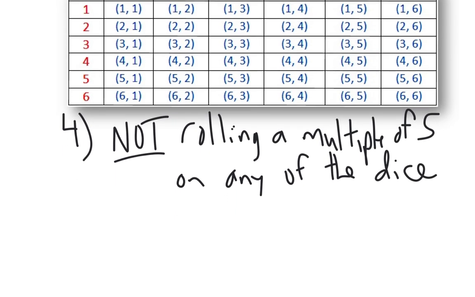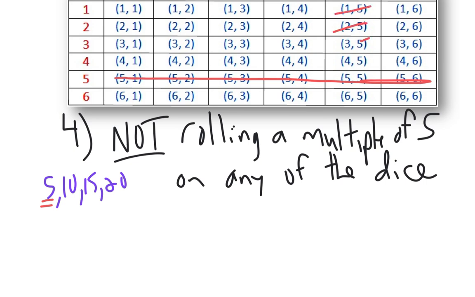Okay, so multiples of 5, we're counting by 5. So that'd be like 5, 10, 15, 20. These are 6-sided dice. So the only multiple of 5 that we could possibly get would be a 5. So we want basically anything that doesn't have a 5 in it. So what you could do is start crossing out things that have 5s, which would be that row across and this column going down.